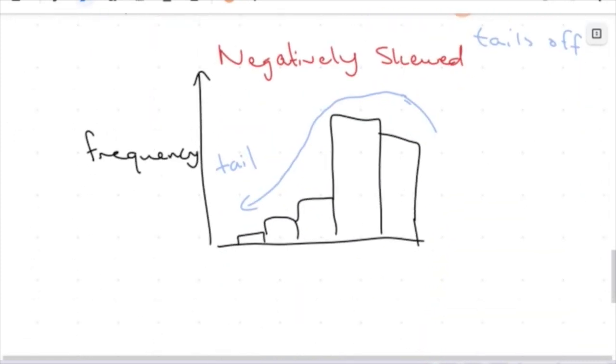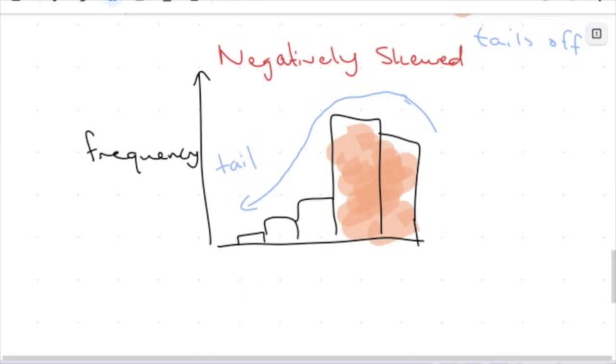Whereas for negatively skewed, a lot of my data values are around this kind of end, where I have the majority of my responses lying. So my frequency, the higher I go up this axis, the more responses I'm going to get. So I can see my data clumps up on this side and tails off in the negative x direction.